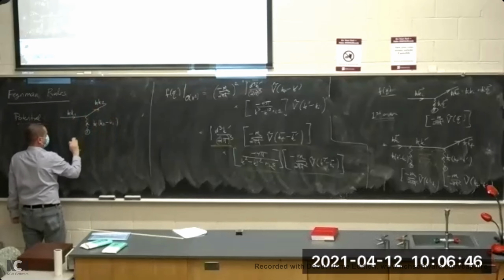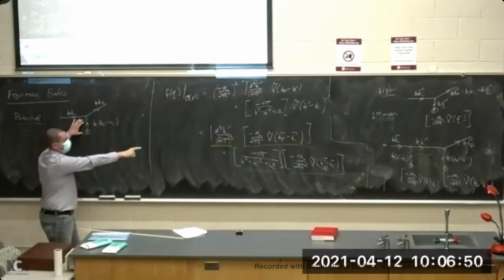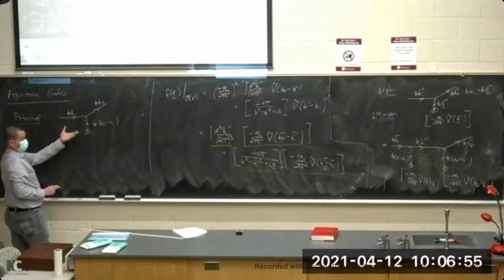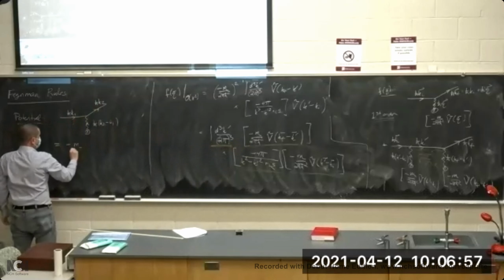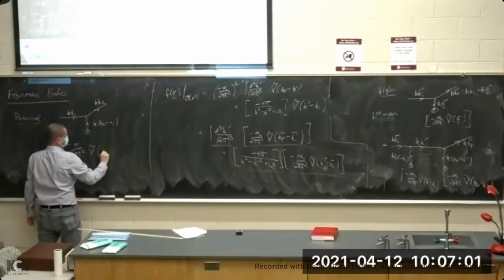This always comes in with that corresponding factor. So anytime you have an interaction with the potential, you uniquely associate it with this factor. So this diagrammatic element is equal to negative m over 2 pi h bar squared, Fourier transform potential of k2 minus k1.